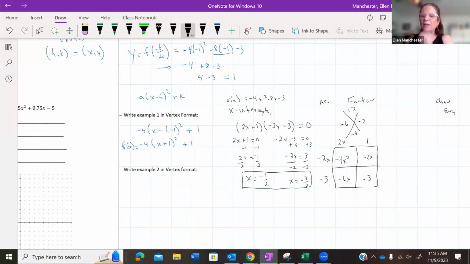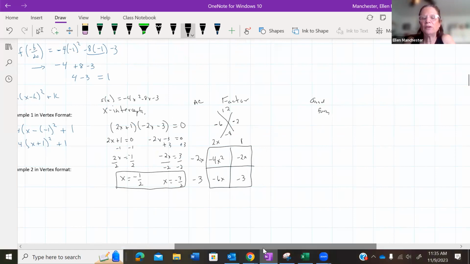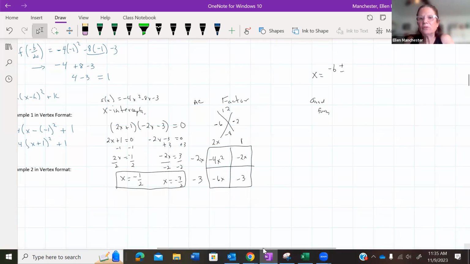Okay, so now let's see if I get the exact same thing when I do the quadratic equation. Okay, so the quadratic equation is -b plus or minus the square root of b squared minus 4ac all over 2a. And I know this should be somewhat familiar to you because you should have seen it, at least in high school.